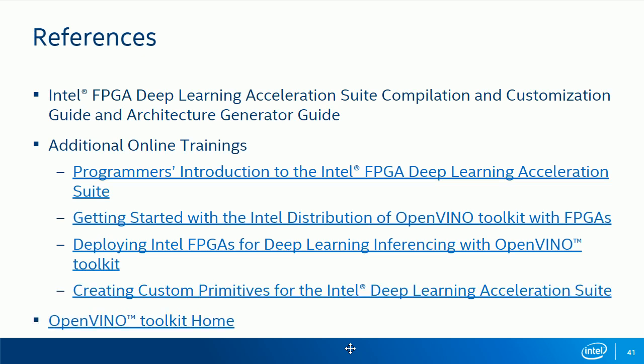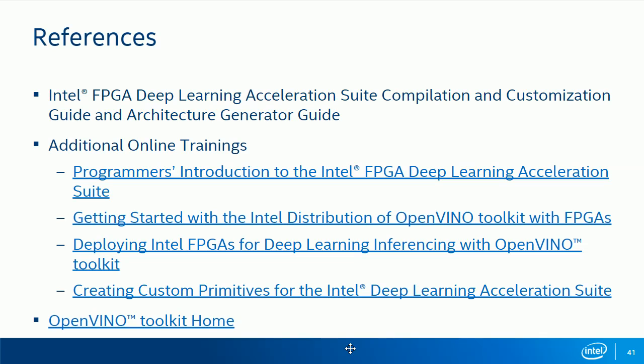For more information, here are some additional references that can be helpful. The information in this presentation is also located in the Intel FPGA Deep Learning Acceleration Suite Compilation and Customization Guide and the Architecture Generator Guide. If you haven't already done so, view the 4 short additional online trainings listed here, which will explain the basics of how the Intel FPGA Deep Learning Acceleration Suite accelerates inference tasks, how to get started using FPGAs with OpenVINO, and how to deploy deep learning inference acceleration on the FPGA using OpenVINO Toolkit.